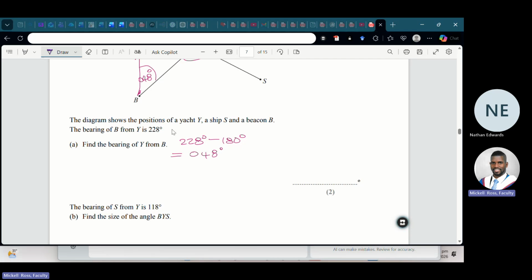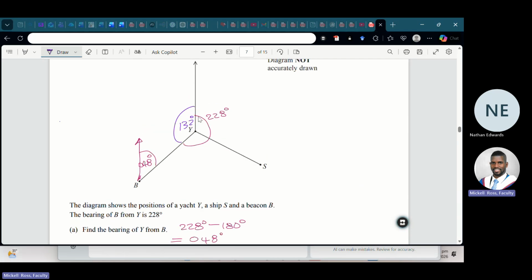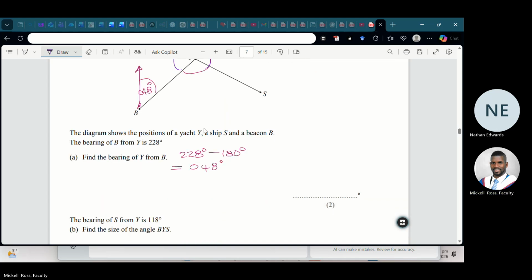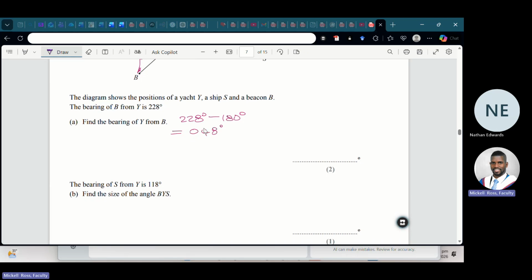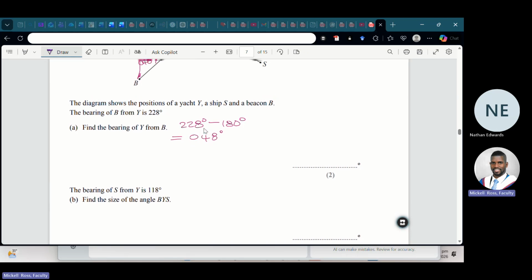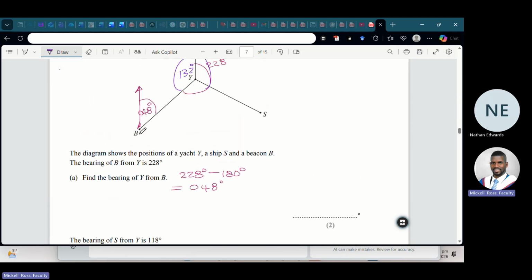The bearing of S from Y is 118. So S from Y, so this is 118. All right. Find the size of the angle BYS. So you're going from B to Y to S. So that means you need this angle right here.